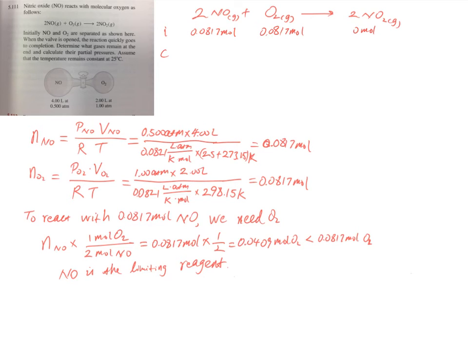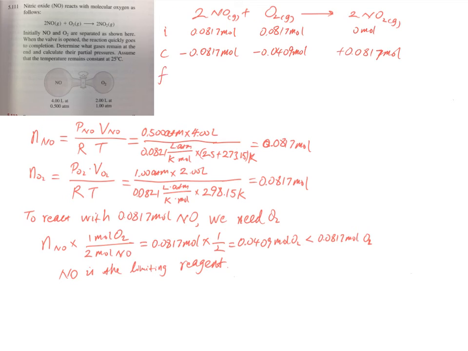Because nitric oxide is the limiting reagent, it will be consumed completely, 0.0409 mole of oxygen will be reacted, and 0.0817 mole of nitrogen dioxide will be produced.